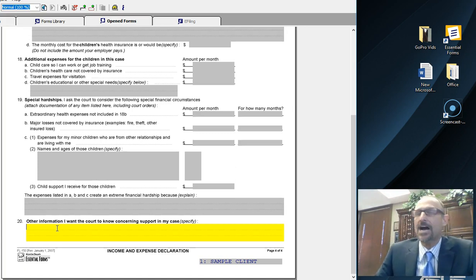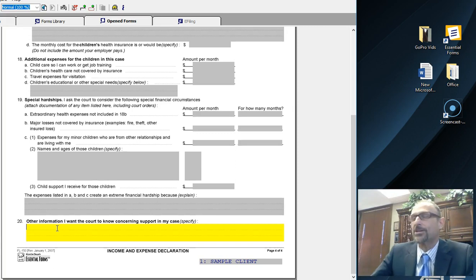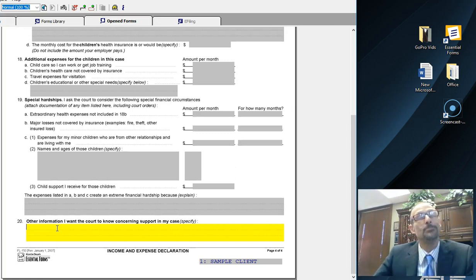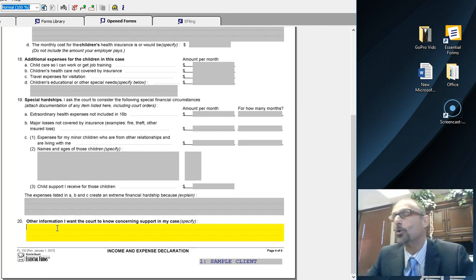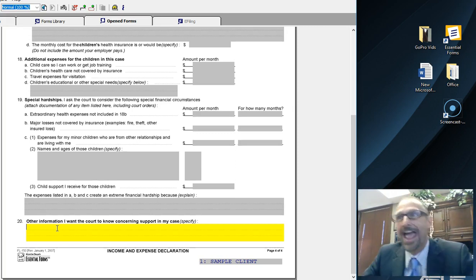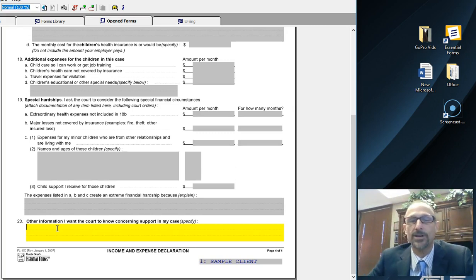If you're recently unemployed and it may look suspicious, like you just quit your job because you just want to live on support, you can mention why you became unemployed there. Be careful. If you became unemployed because of something you did wrong, that's going to hurt you. So just keep in mind that you don't have to put anything in this box. And frankly, unless you get some advice on what to put in there, I would probably recommend that you don't put anything in there.